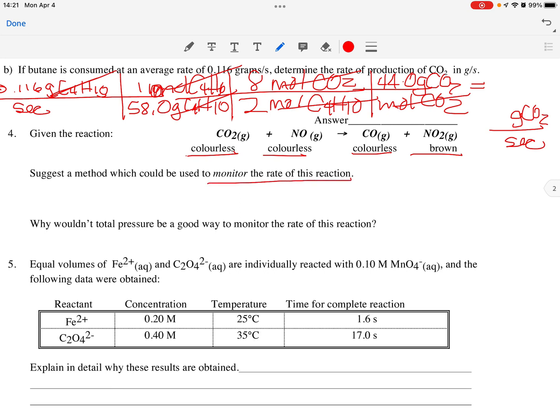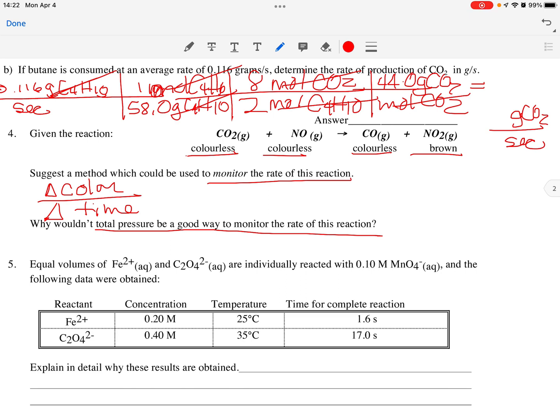A good way to monitor this reaction would be the color, the intensity or change in color divided by the change in time. And why wouldn't pressure be a good way to monitor the rate of this reaction?